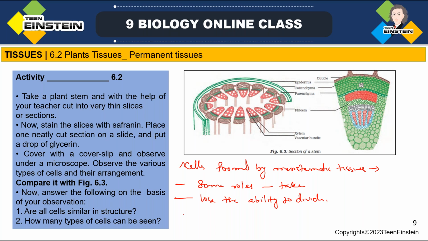As a result of losing the ability to divide, they become permanent tissue, because they don't have the capacity to divide now. That process of taking up a permanent shape, a permanent size and a permanent function is called differentiation. Okay, so what is differentiation?